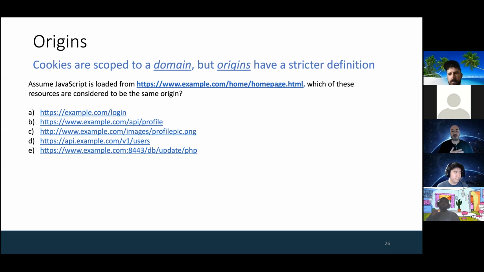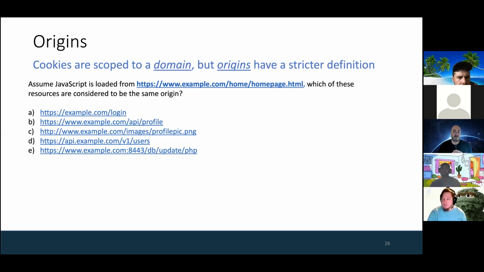If you're looking at the below, which of these 5 do you think have the same origin as https://www.example.com/home/homepage? Is it correct to say that these are all the same domain, but none of them are the same origin because it's all different? It's not /home and so on. Yes. Well, one of them is the same origin.